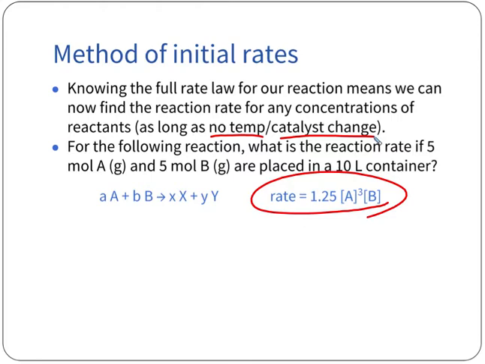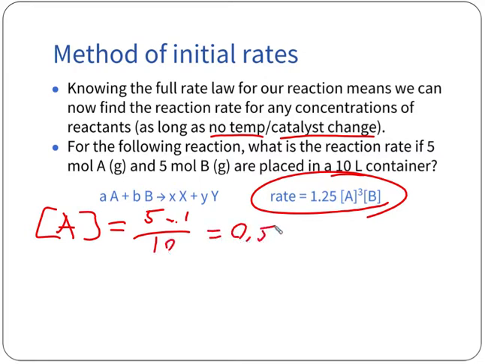Well, we can go ahead and find our concentrations. So for A, concentration is going to be moles per liter. So 5 moles of A per how many liters we have here? 10-liter container. So the concentration of A is 0.5 molar. Concentration of B, we also put in 5 moles, also in a 10-liter container.